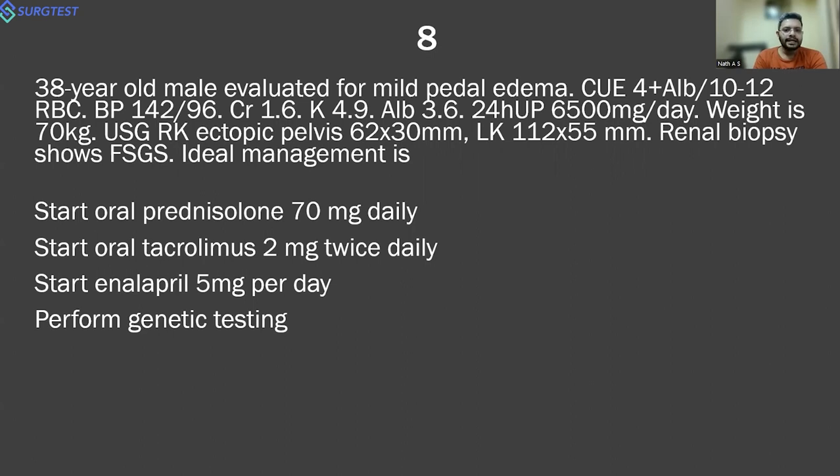USG right kidney is ectopic. It is in the pelvis. It is small in size, 62 mm only. You see only the height of the kidney in a USG report. Left kidney is pretty big, 11.2 centimeters in height. The renal biopsy was done and it shows FSGS. What is the ideal management?